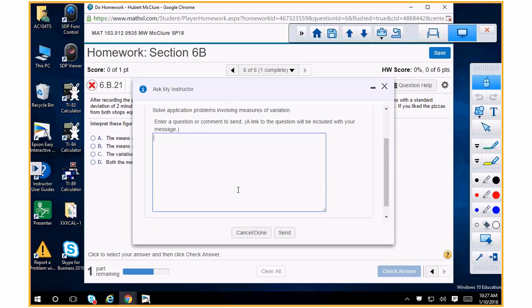So I'm going to put in here, if you taught me, I could do this. You suck. All right? Now, the reason I make up a funny little sentence is to show you that it's real time.